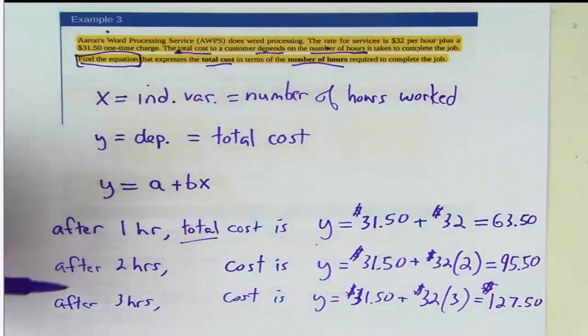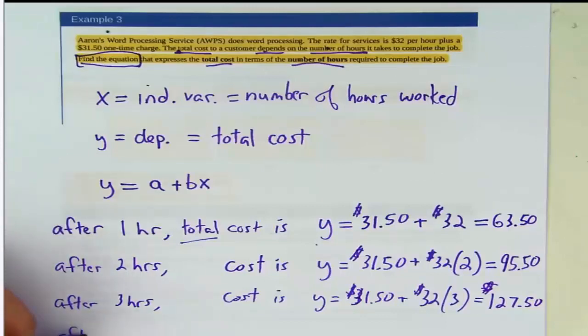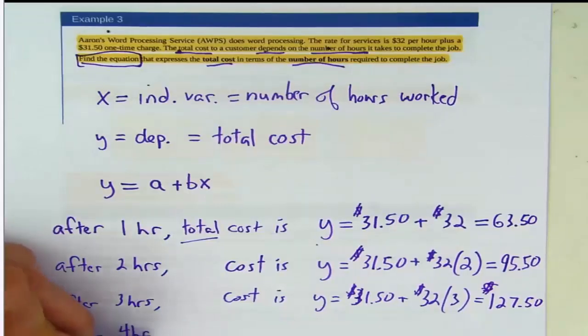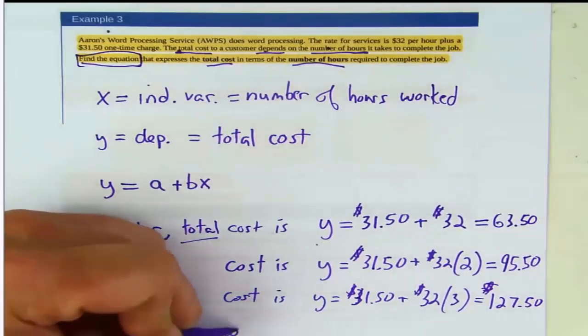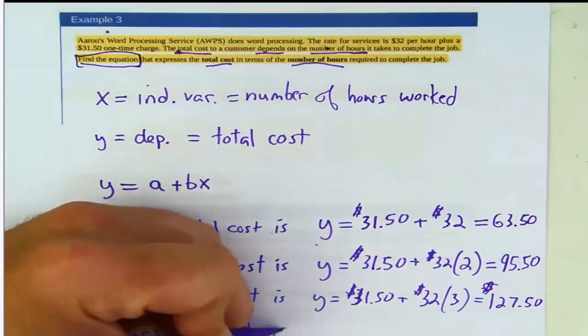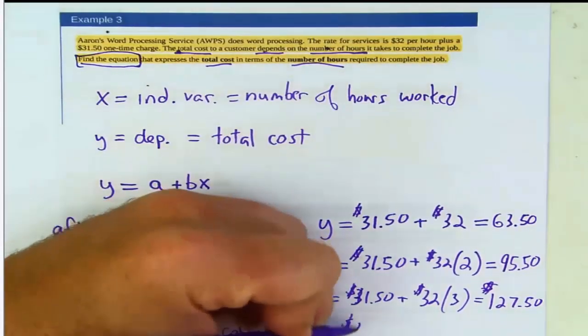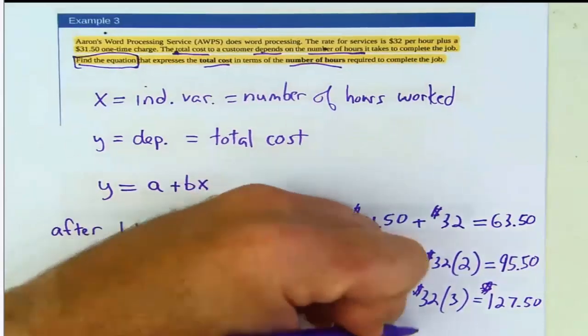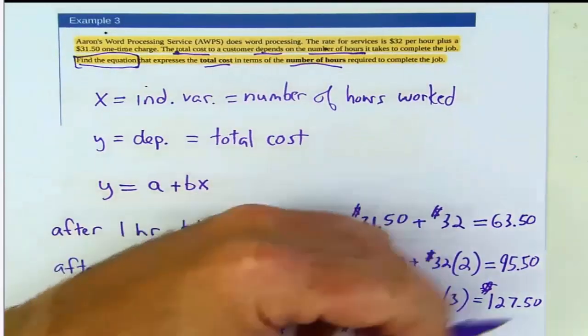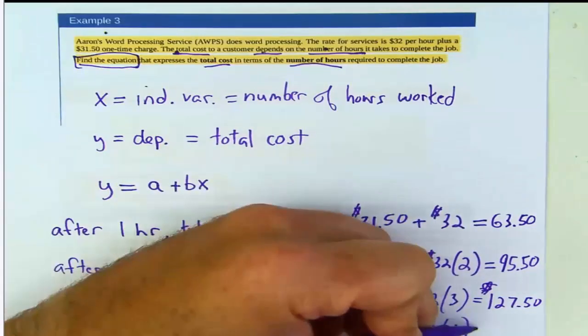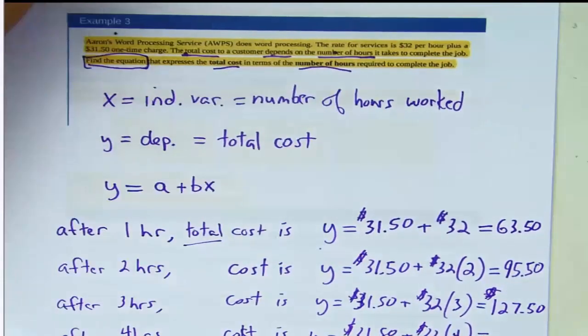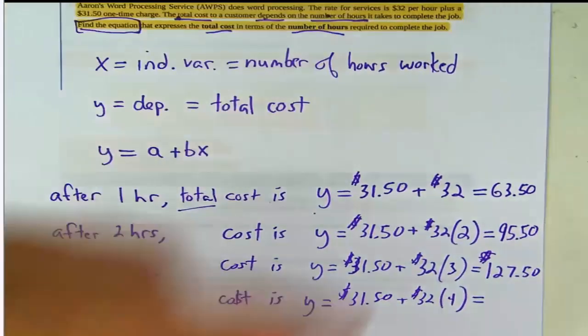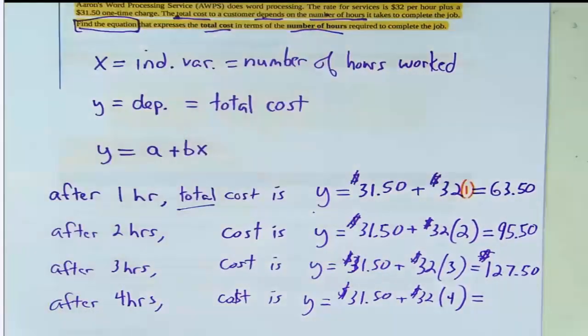And so once you try to calculate a sequence of costs for, say, some sequential hours here, right, after 4 hours, you start to see the equation there. The total cost would be y equals $31.50 plus $32 per hour times 4 hours. So we're developing a pattern here, and that pattern is just going to be a linear pattern.